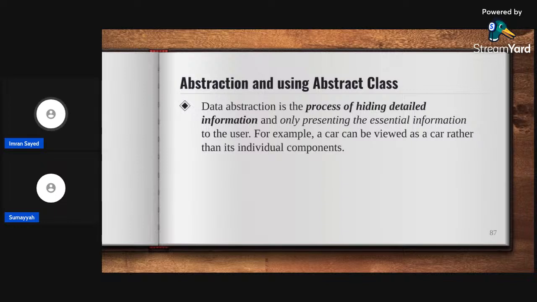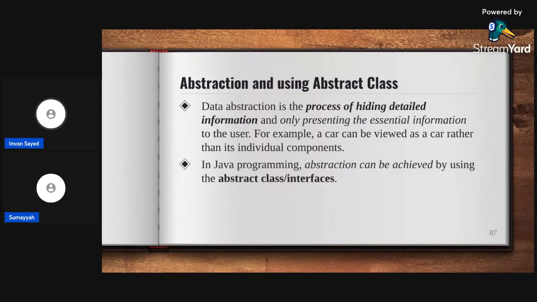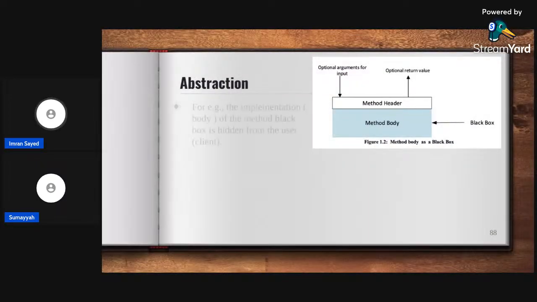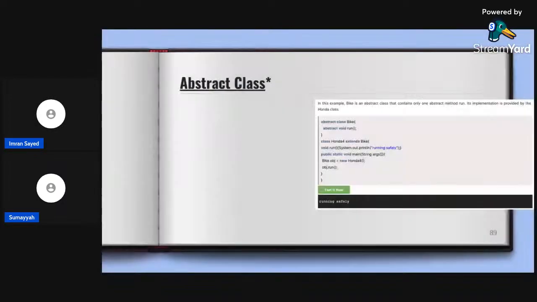Abstraction is the process of hiding detailed information and only presenting the essential information to the user. It is achieved by abstract classes and interfaces. Any user can use a method without knowing about the implementation. An abstract class is a class which is declared abstract, and has abstract and non-abstract methods.